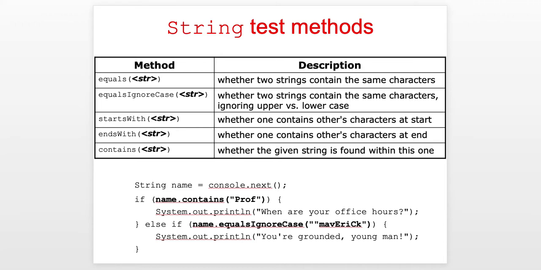It's just the input that this method needs. I think it's pretty straightforward what it's asking for, right? So for instance, if you do name.contains prof, this just means does name contain prof. You can think of the name as the haystack and the prof as the needle, right? So you're trying to find the needle in the haystack. And so this method will either return true or false, and that'll determine the execution of the program.